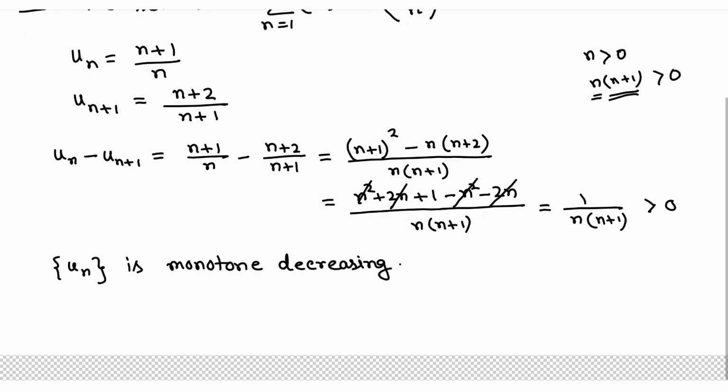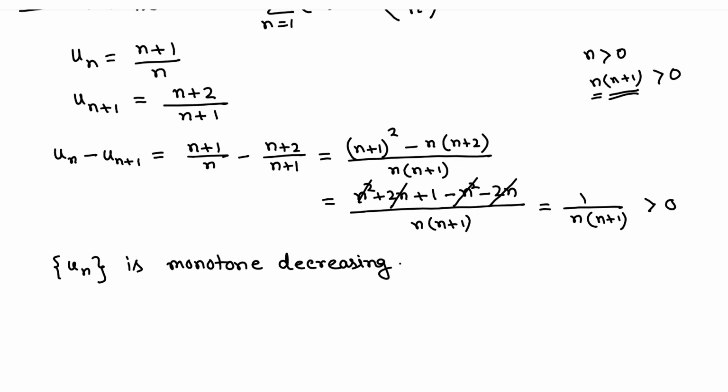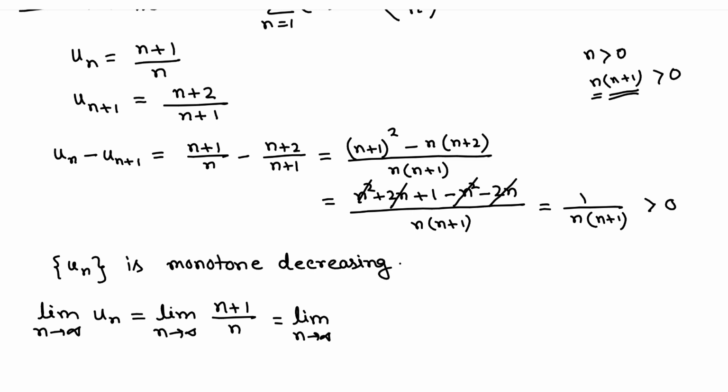Now the second condition. The second condition is that the limit must be 0. So the limit as n tends to infinity of un equals the limit as n tends to infinity of n plus 1 divided by n. If I divide by n, this will be 1 plus 1 by n. The limit of 1 by n is 0, so the limit is 1.